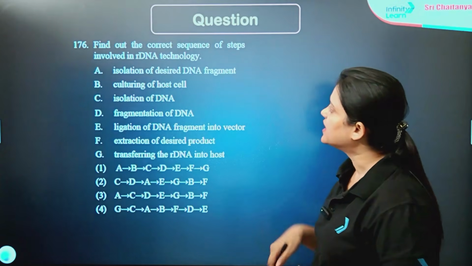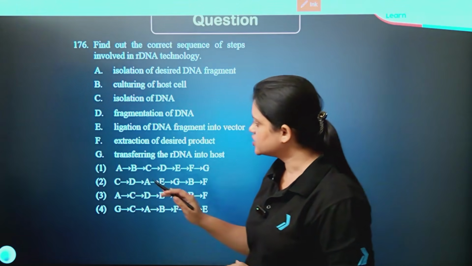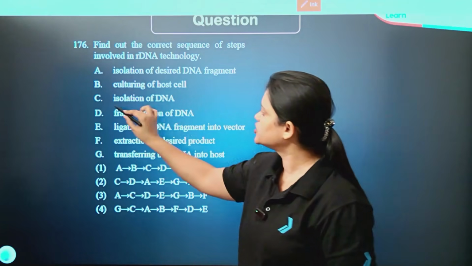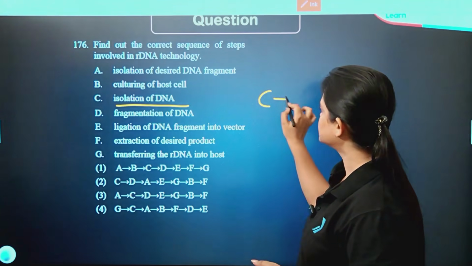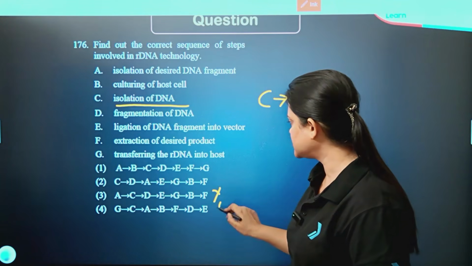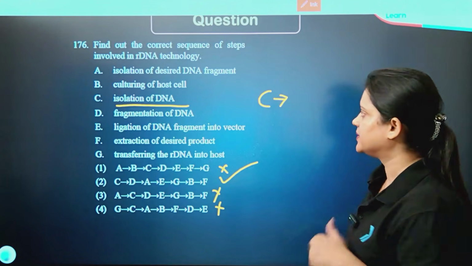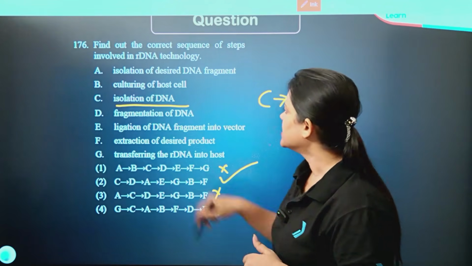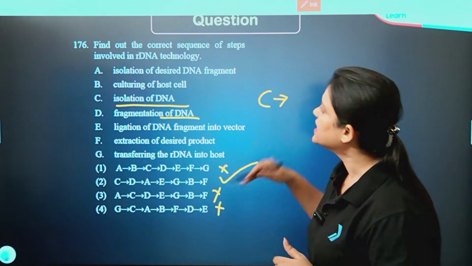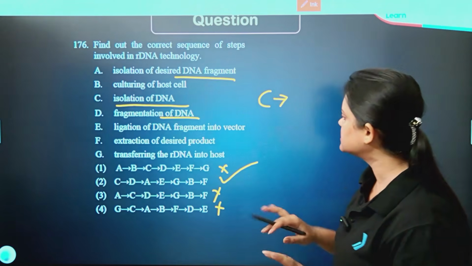Right? Next. Find out the correct sequence of steps involved in rDNA technology. So many steps are there, and definitely the first will be isolation of DNA. That means C. Okay, so C. So basically we have just one option starting from C, right? But we will check the other statements as well. So isolation of DNA, then the fragmentation of DNA, then isolation of desired DNA fragment once we have all the fragments, right?